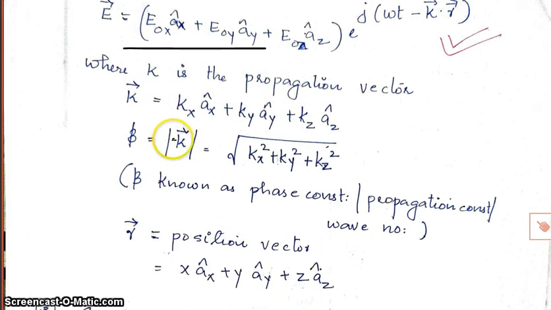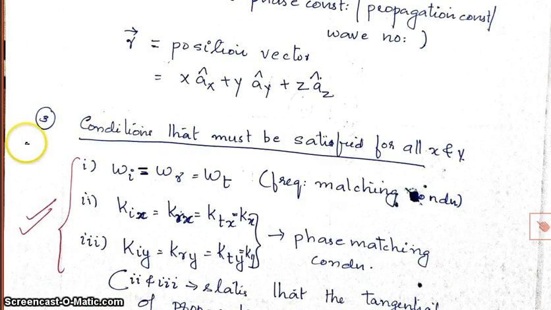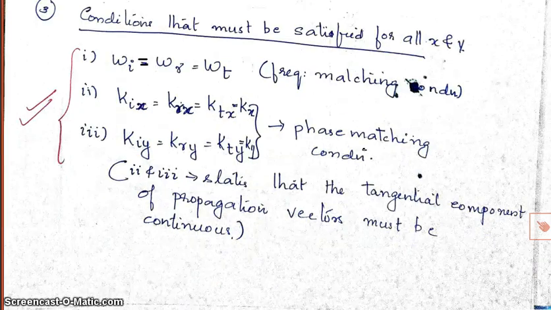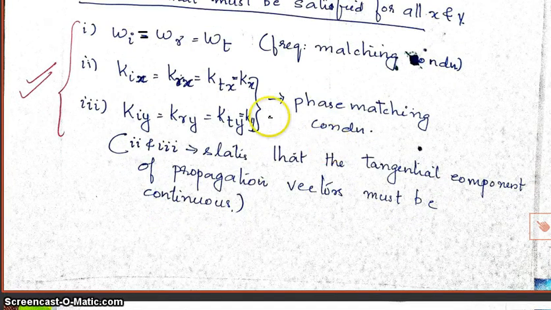Next we will see the conditions that must be satisfied for all values of x and y for EM wave under oblique incidence. Now these are the three conditions. That is, the angular frequency of the incident wave should be equal to that of the reflected wave, which should be equal to your transmitted wave, and this is known as the frequency matching condition.